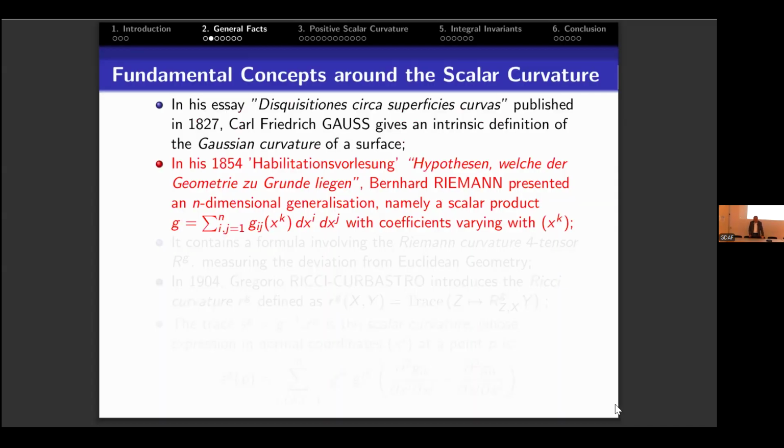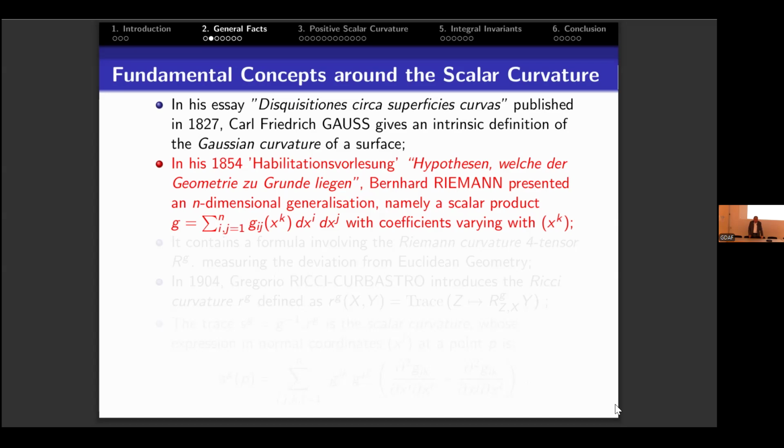Then, as you know, the major generalization of the usual theory of surfaces was the so-called Habilitationsvortrag, the lecture of Bernhard Riemann, 1854, on the assumptions on which geometry is based, in which he wants to consider more generally a space with local coordinates x_i, and quantities which are scalar products whose coefficients depend on the coordinates.